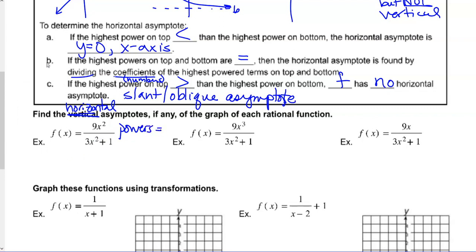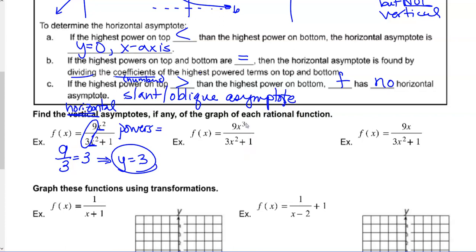So we go back up to the rule: if the powers are equal, then we do have a horizontal asymptote, but it's found by dividing the coefficients of the highest power. So here's my highest power, here's my highest power. What we want to extract are the numbers in front of them, and we have to divide those. So when I do 9 divided by 3, I get 3. Therefore, y equaling 3 is the horizontal asymptote for this function. Okay, so you have to know the rules to be able to do that.